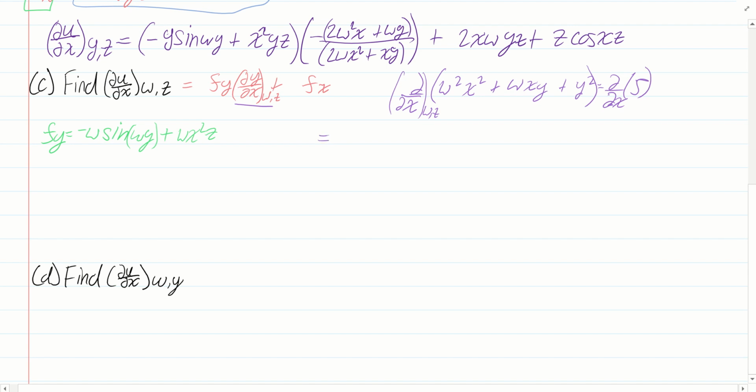So now we need to take the partial of each term. The first term, we have w and x squared, so w is like a constant. So it's going to be the partial of x squared, so it's 2x w squared.